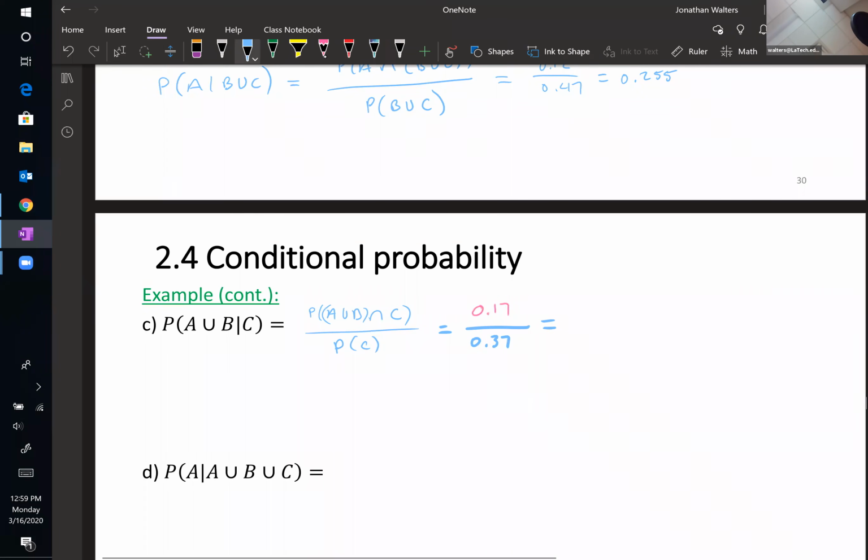Punch that in. 0.17 over 0.37 is 0.4595. We'll say 0.45946, and we'll round it there.